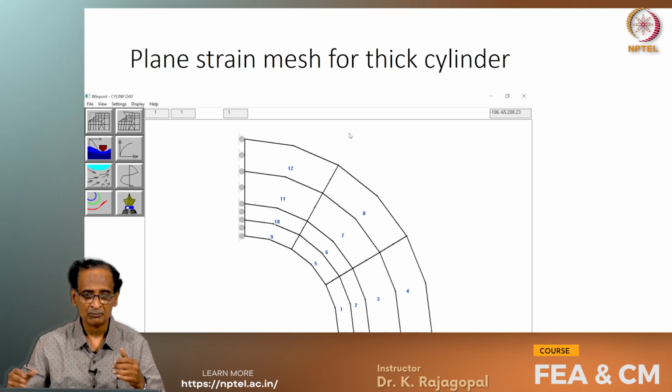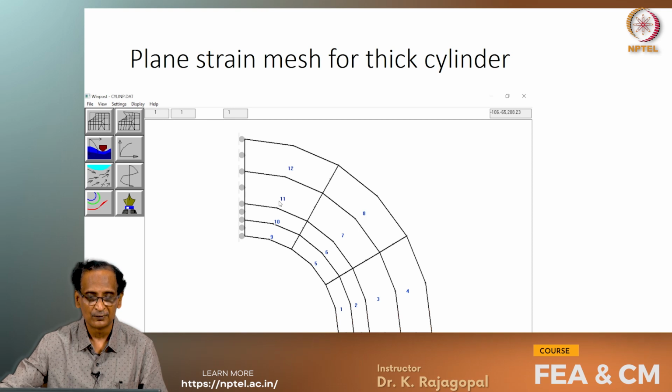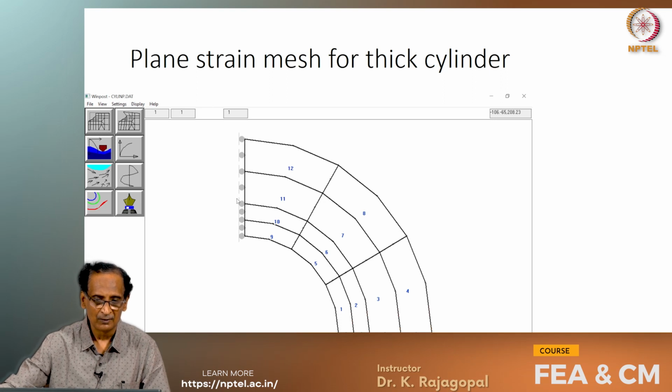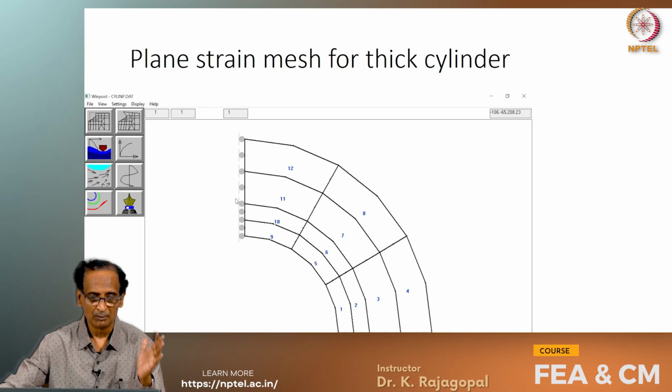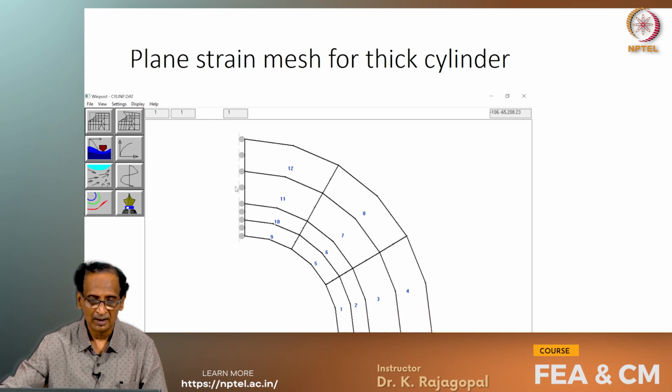This full cylinder is modeled with quarter symmetry, and here along the x axis all the nodes are moving only in the x direction, whereas on the vertical boundary at mid section you have only vertical displacements.